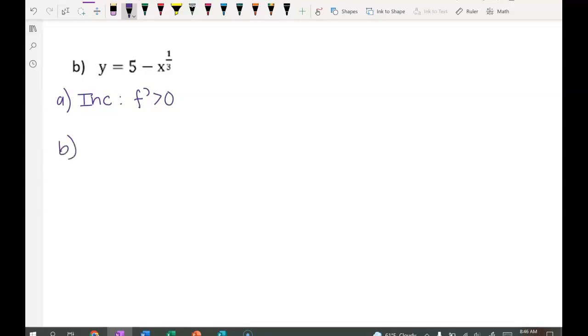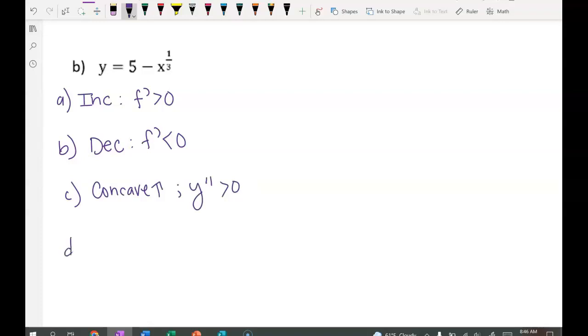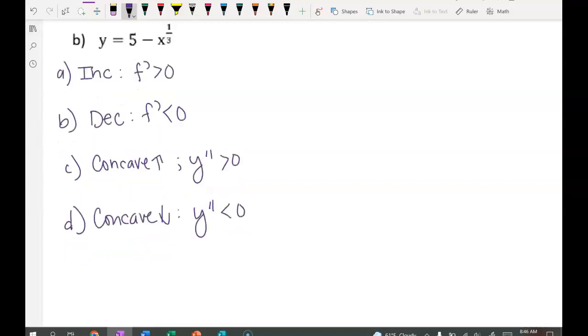Then B, it wants us to state the decreasing interval, when the first derivative is less than 0. C, it wants us to find concavity. So concave up, that's when the double derivative is bigger than 0. Then concave down is second derivative less than 0.